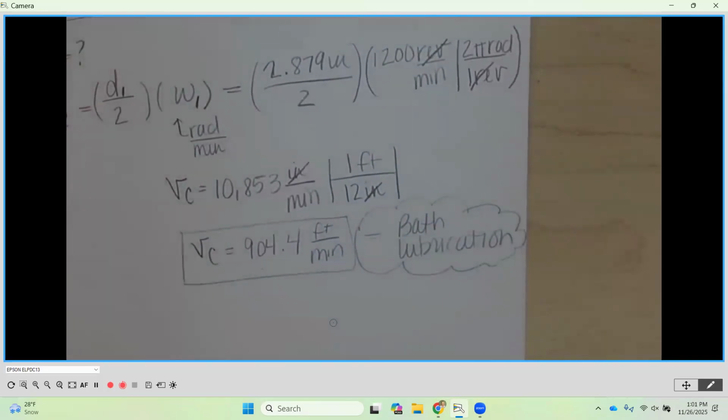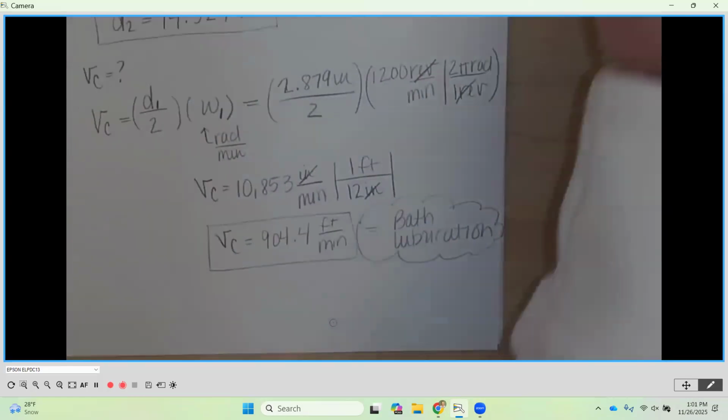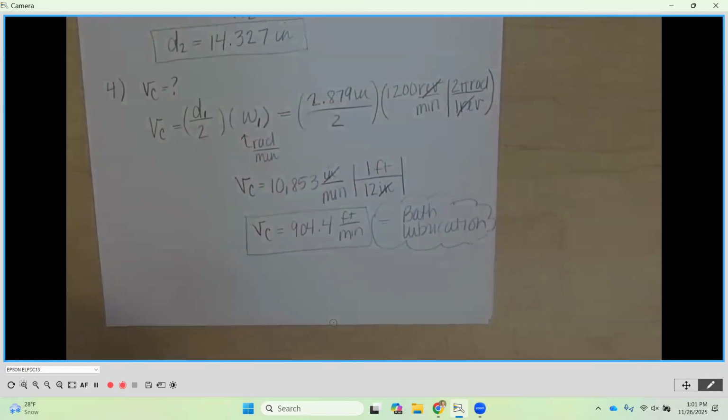Not that we're going to be designing in this case yet. This is the beginning of our design process, but we have to keep in mind that based on this speed, we have to design that into our application.